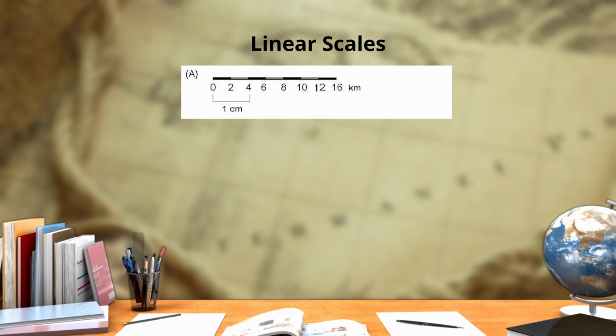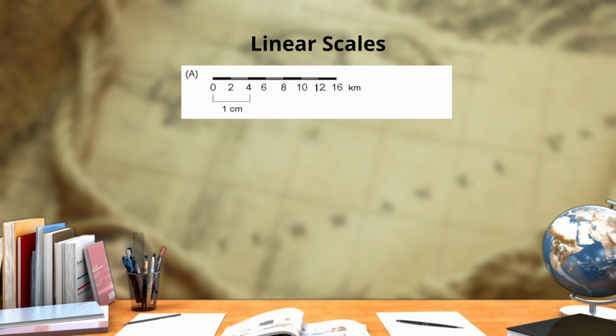A. The distance between 0 and the number 4 is 1 centimeter. And the distance between number 4 and the number 8 is again 1 centimeter. And the distance between number 8 and number 12 is again 1 centimeter.